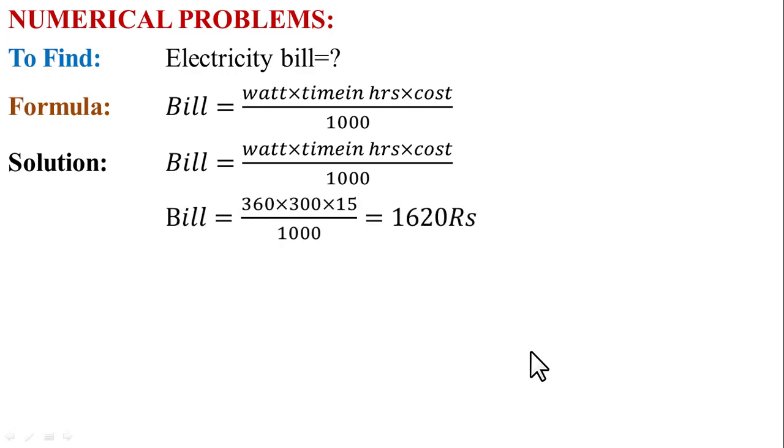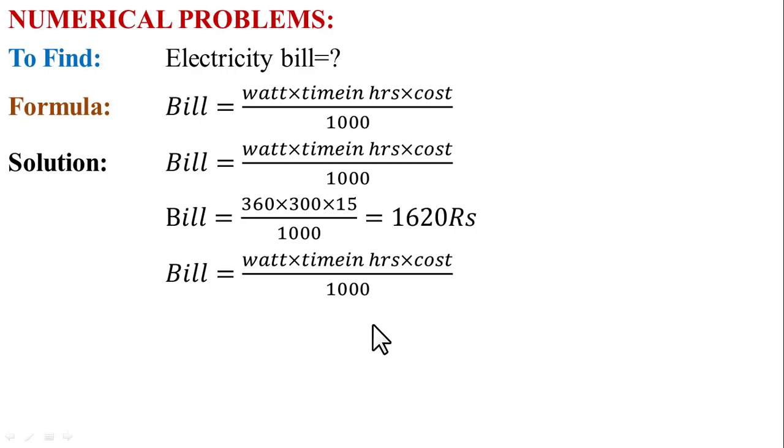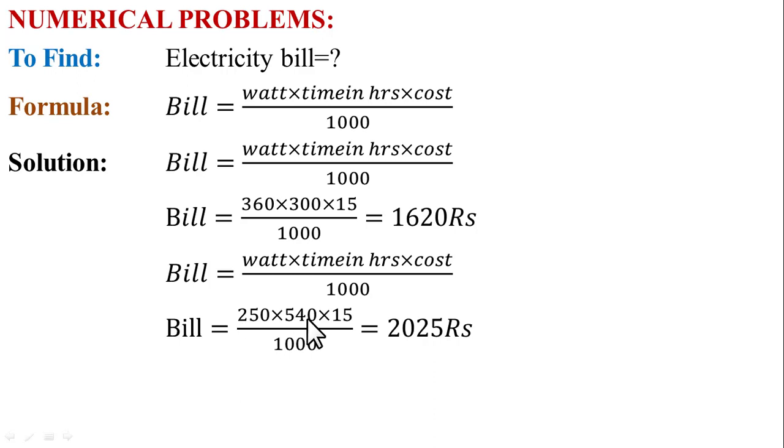So we use the values for the bulb: 360 multiplied by 300 multiplied by 15 divided by 1000. So the bill of bulb is equal to 1620 rupees.